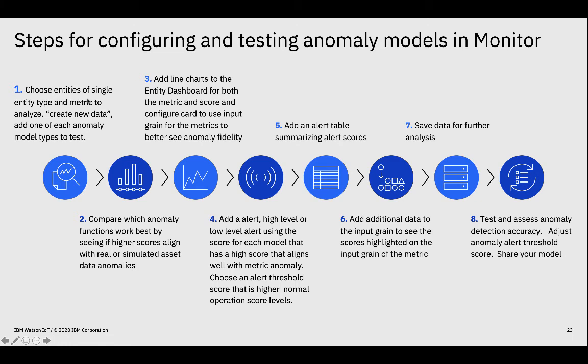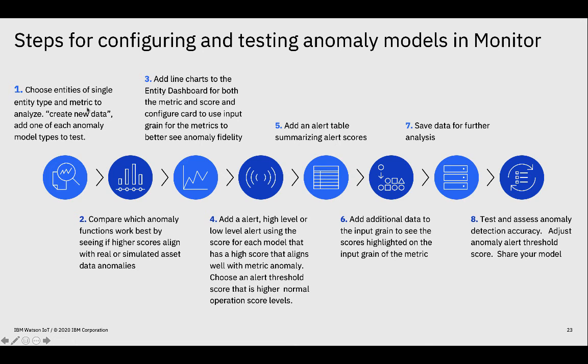We have two more steps to finish this off. We're going to add an alert table that summarizes our alert scores. This will allow us to see not just the run status, but actually all the metrics. It'll summarize all the alerts on this asset. The other thing we'll do is show how to create a service request on anomalies and alerts.